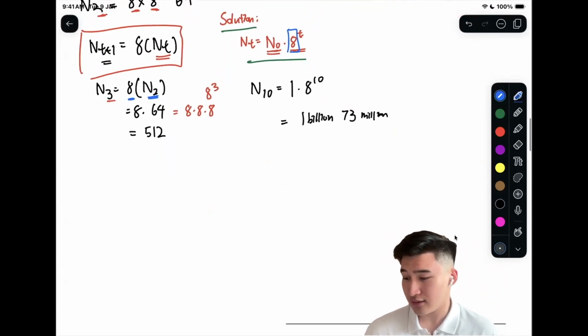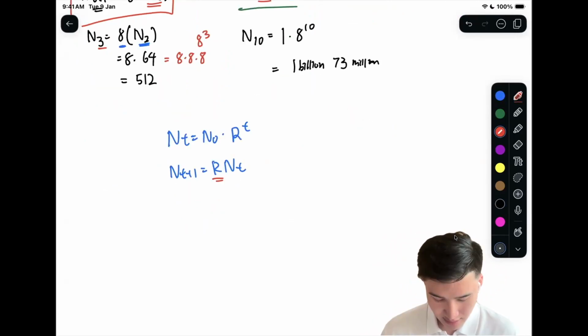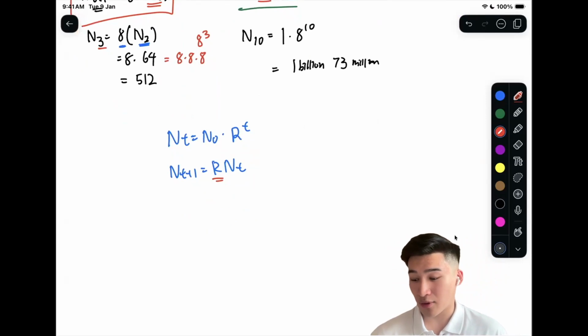Now, let's talk about the 8. Sometimes in math, we can write it this way: N naught times r to the t, or N t plus 1 equals r times N t. Now, r is what we call the per capita growth factor.